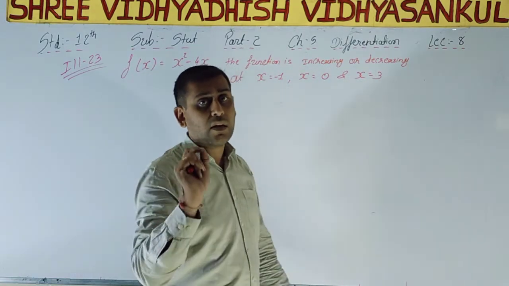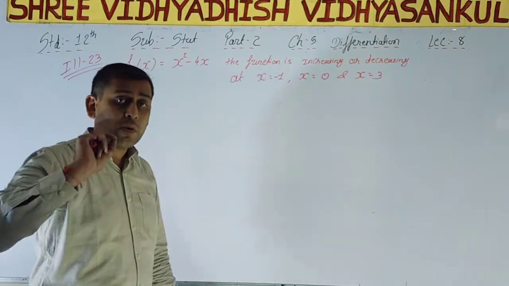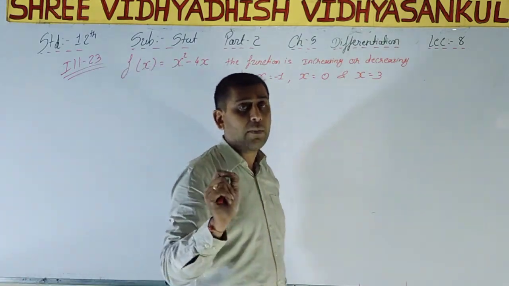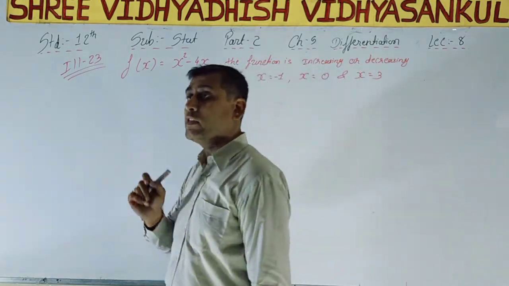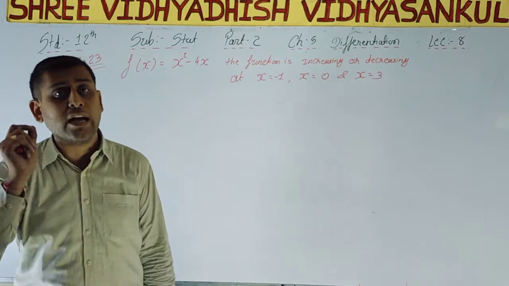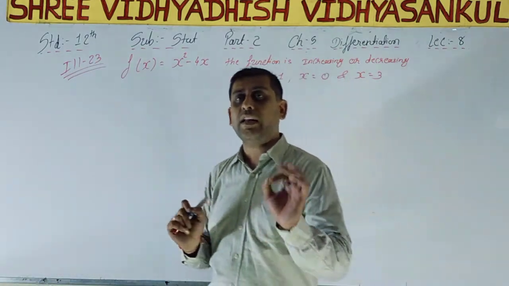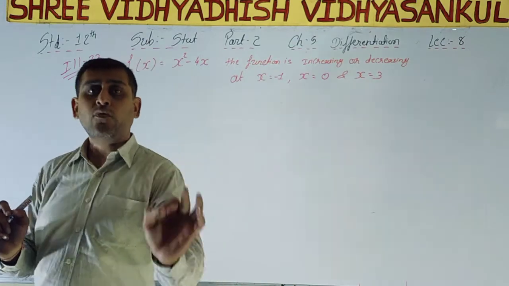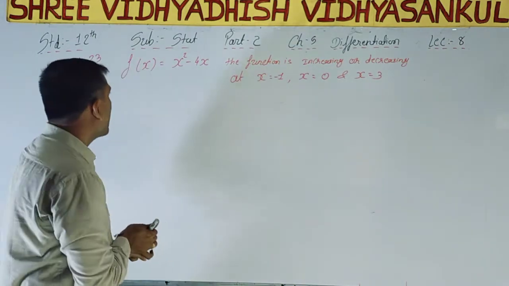If the final answer by putting the value is positive, then we can say that at x is equal to this, the function is increasing. If the answer is negative, then we can say that at x is equal to so and so, the function is decreasing. So here I am doing that.